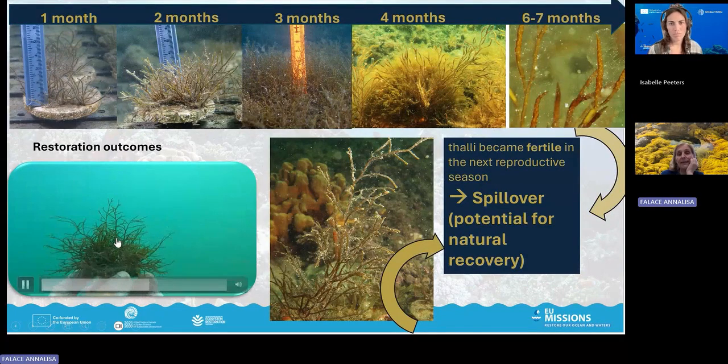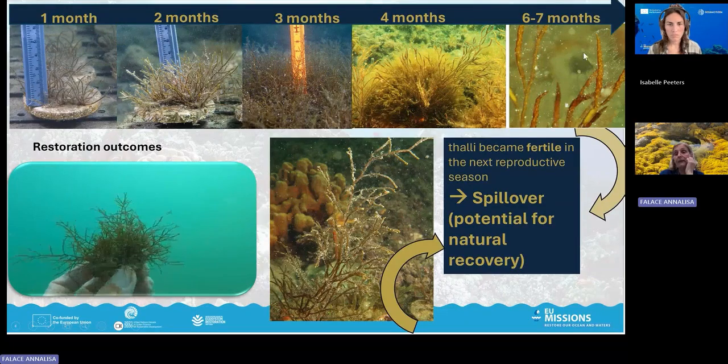These are the plants that are growing on our tiles, and after a while, depending on the species. This is Gongolaria barbata that after about 6-7 months becomes fertile. So we also had a spillover effect. They reproduce and they colonize the nearby areas. So you have a potential also for natural recovery.